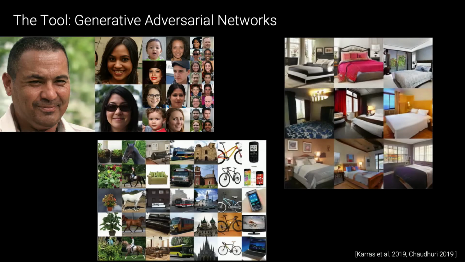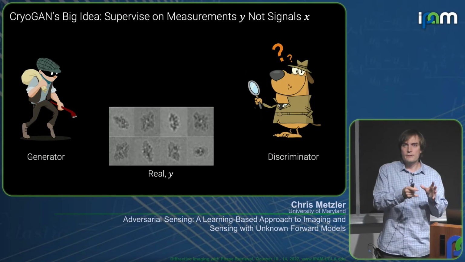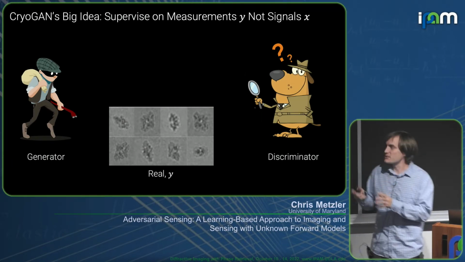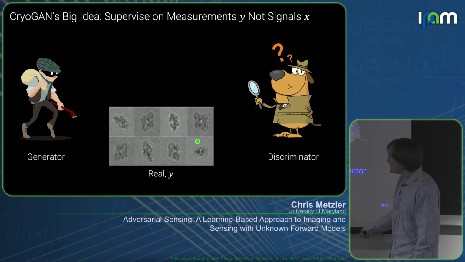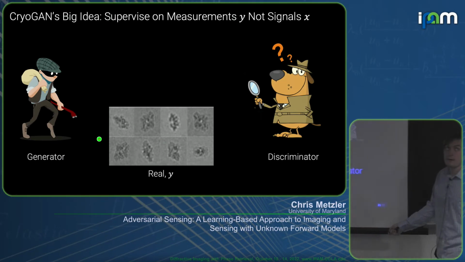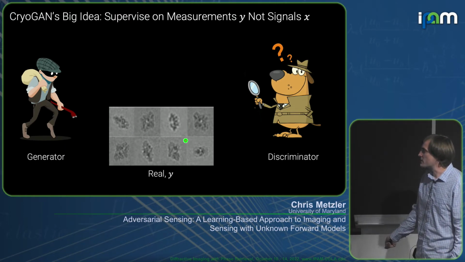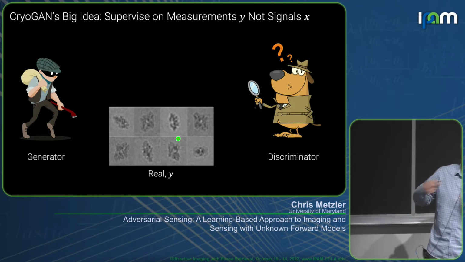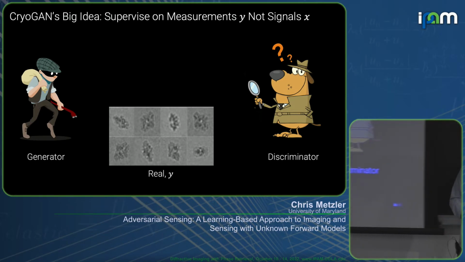The key insight Harshit and others had was that we can also use this framework to generate measurements. Let's not use the generator to generate images, but the measurements those images would have produced. So here, the generator is looking to produce a collection of measurements that follow the same distribution as the actual measurements. In their case, this was applied to cryo-EM, where you have very, very noisy tomograms at unknown orientations.